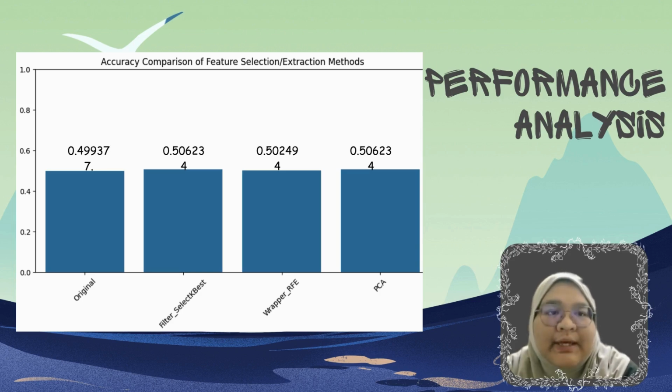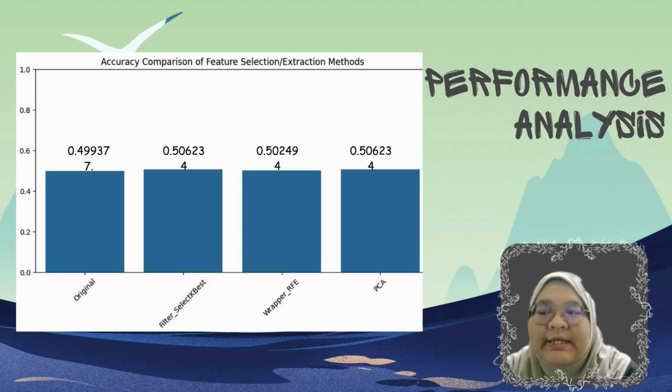Meanwhile, for the filter method of feature selection, we have used SelectKBest and the accuracy is 0.506. And for the wrapper method, we have chosen RFE, and the accuracy is 0.502. And the last one is for feature extraction, where we choose to do PCA, and the accuracy is 0.509.